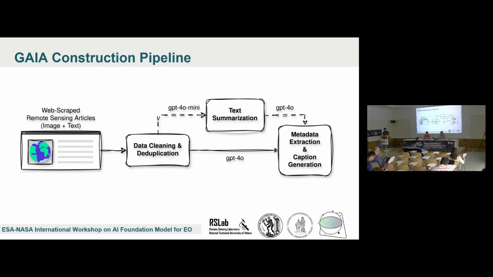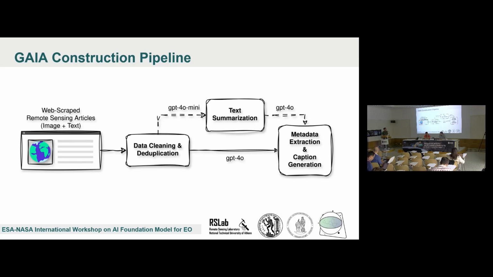Independently from the source website, all articles contain the main image and the accompanying text, with some also having RS-related metadata like sensing date and location.